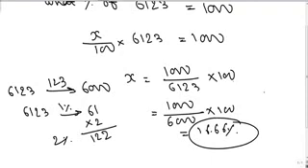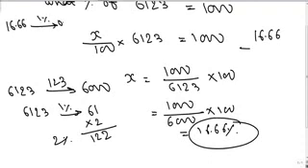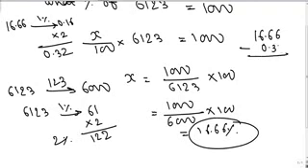So the answer we have got, we need to reduce by 2%. Now what is 16.66? 1% is 0.16. So 2% will be 0.32. So 0.3. So we get 16.3.